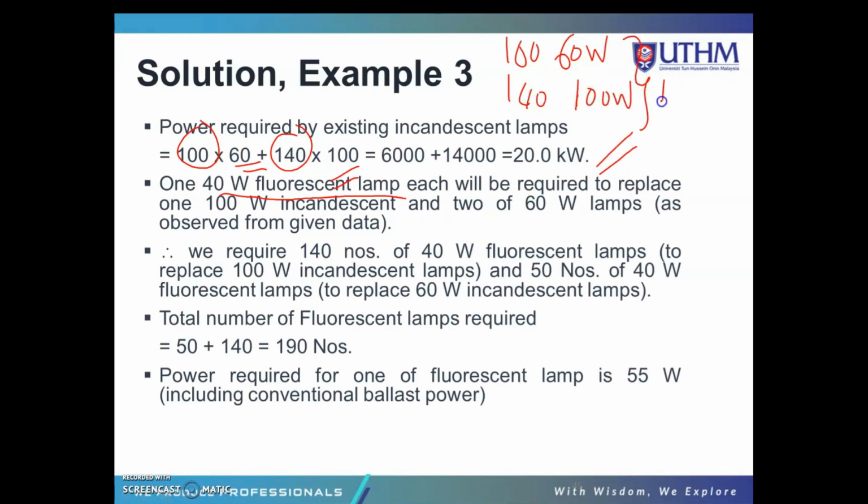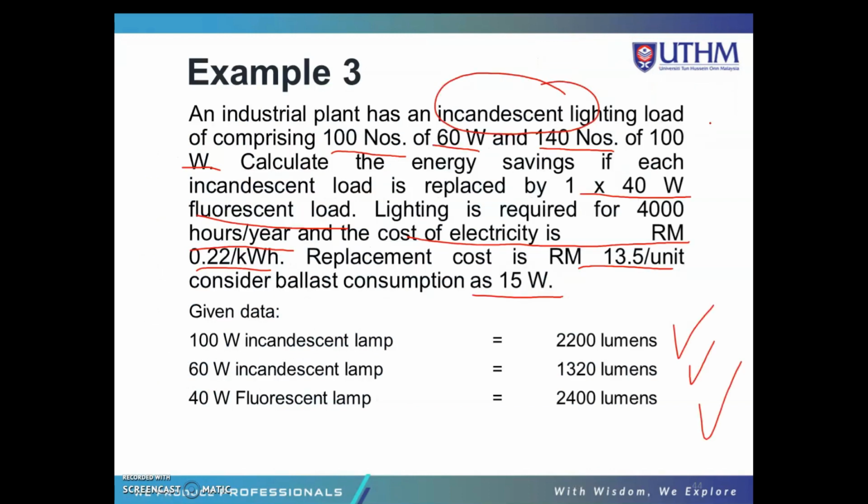Now if you want to use the fluorescent lamp, from here you can see the 40 watt fluorescent lamp is 2400 lumens.